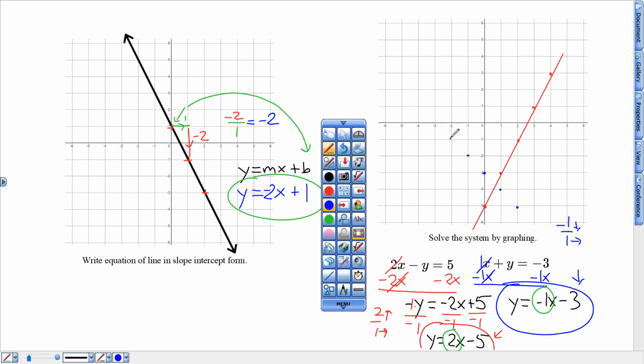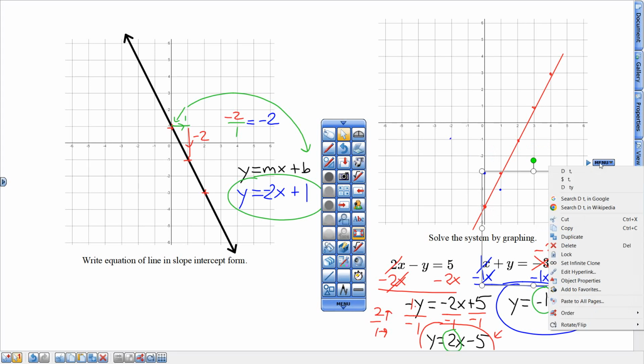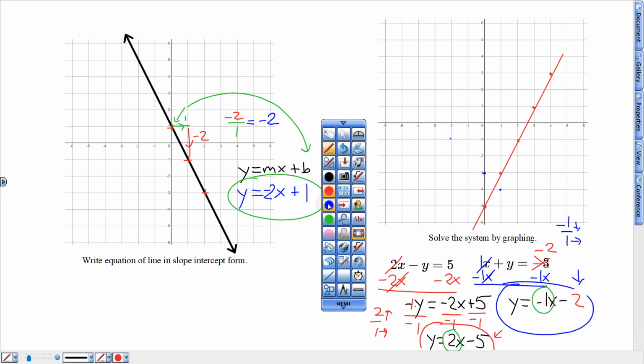And I should have made this be, how about this, let's make this be negative 2. I want to make that change. So let's do that for real. Let's start at negative 2 and go right 1, down 1.